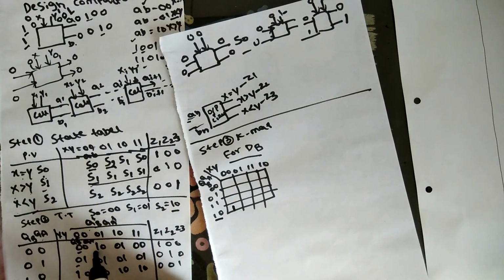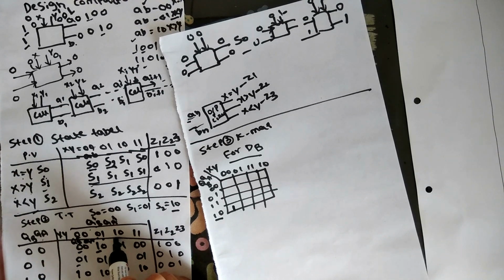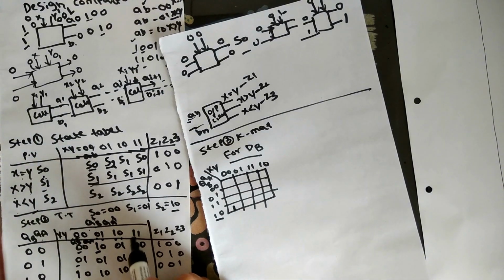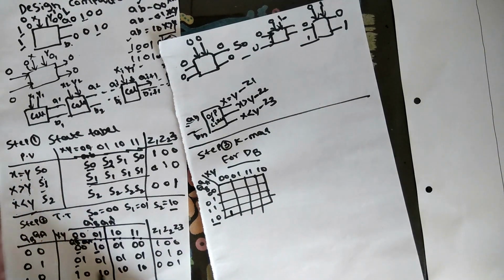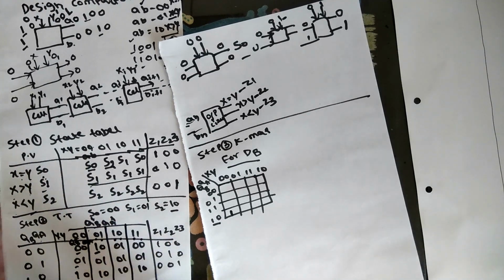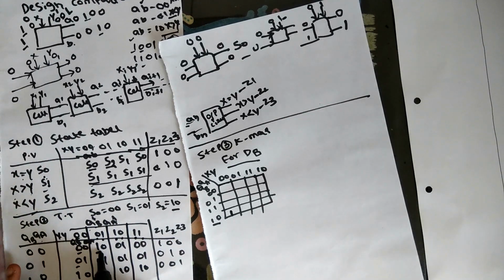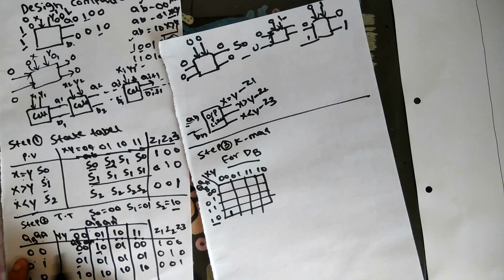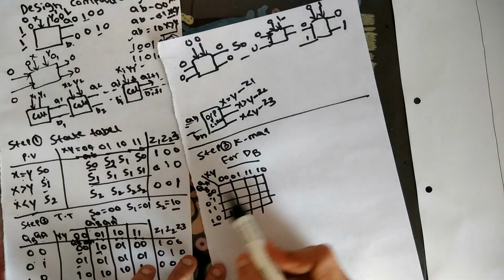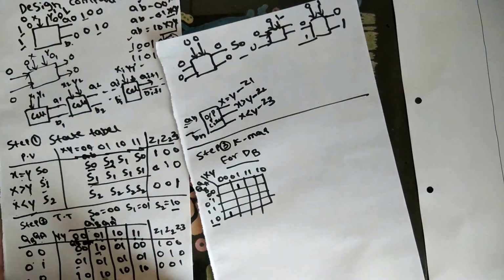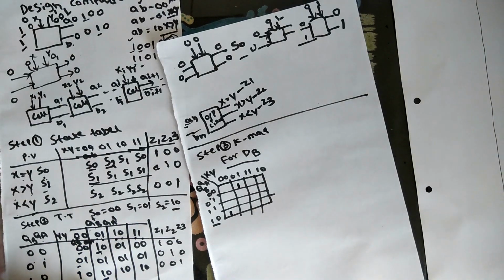Similarly this portion is also QB plus QA plus, and we can mark the other portions like this also. In this case, this is 0 0 and this is 0 1, so 0 0 0 1 it is 1. Then it is 1 at the condition 1 0.